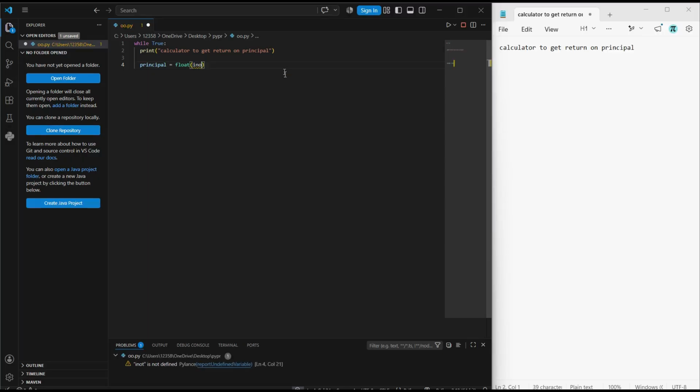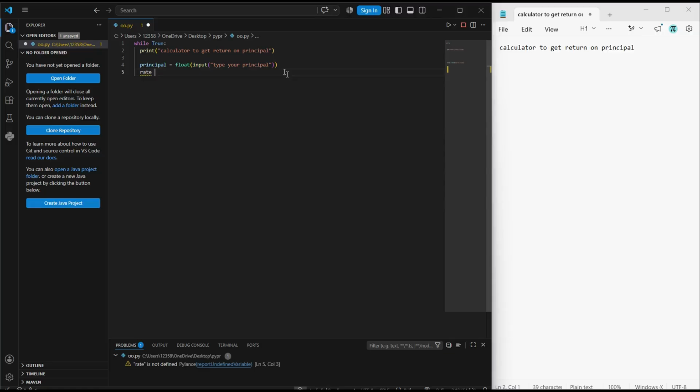And input, type your principal. Type your amount, no, type your investment sounds bad, so instead of that we need to type your principal. Okay, this looks good.